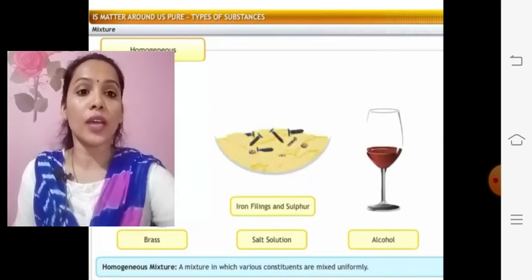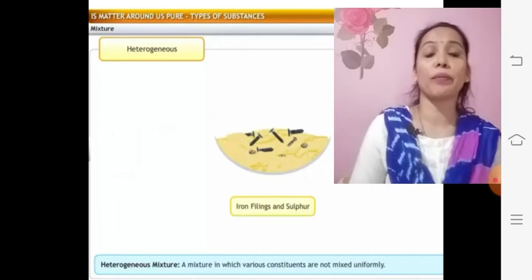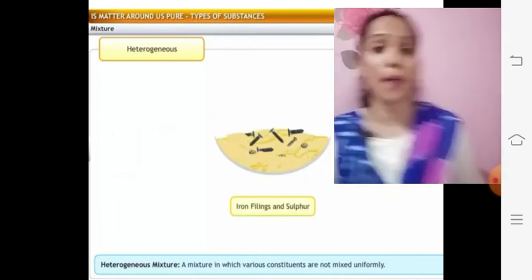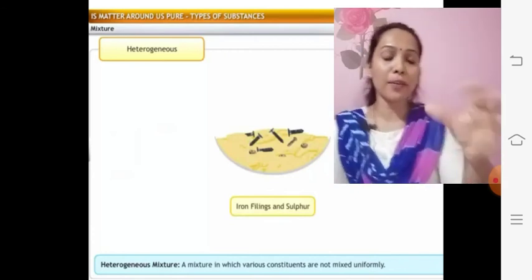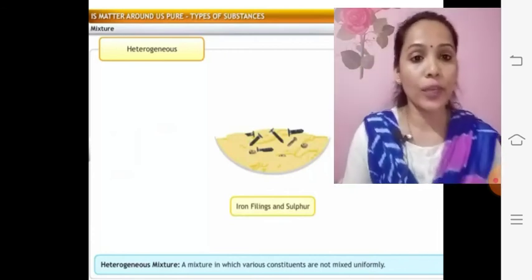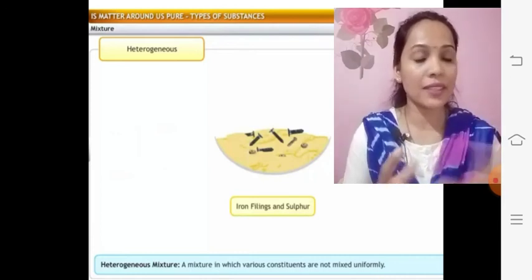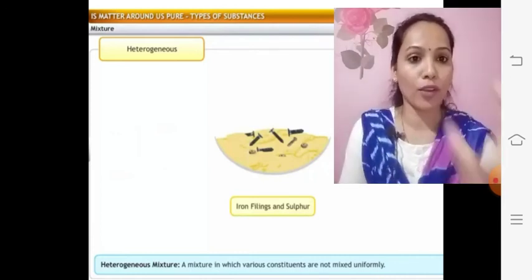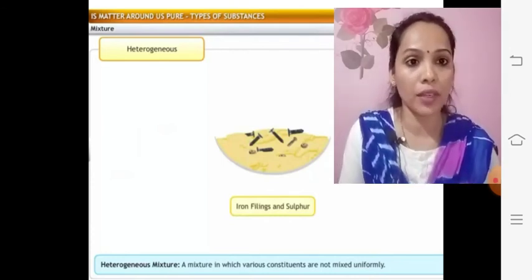Now, going to heterogeneous mixtures. While discussing mixtures, we took the example of iron nails and sulfur. When we mix iron nails and sulfur, you can easily see that in some areas of the container there is no iron nail, only sulfur powder, isn't it?